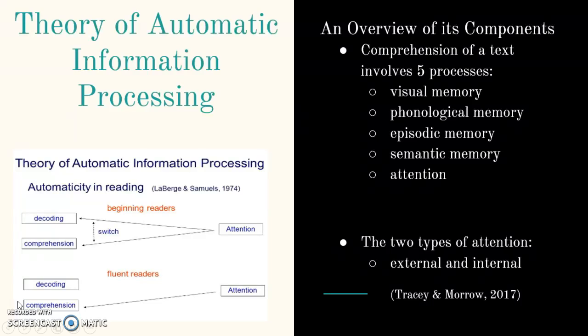Automaticity refers to the ability to perform a task with little attention. LaBerge and Samuels believed that if a student can shift their focus from decoding, then they can place more attention on comprehending the text. They explain that when readers focus their attention between decoding and comprehension, comprehension of the text is compromised. However, a fluent reader can focus less of their attention on decoding and more on comprehension of the text.